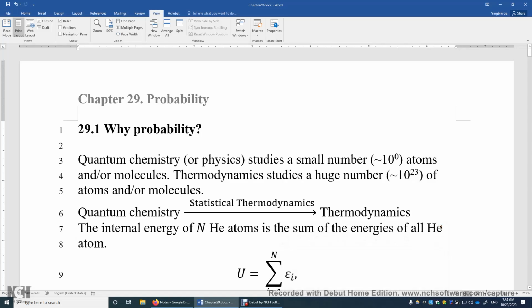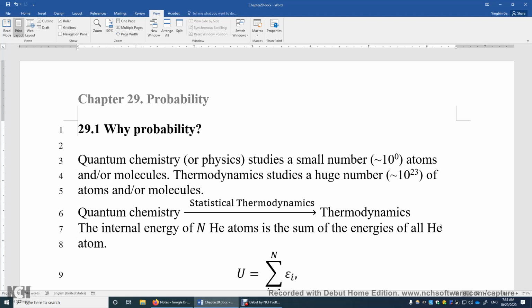This is Physical Chemistry, Part 4, Statistical Thermodynamics, Chapter 29, Probability, Section 29.1, Why Probability? In quantum chemistry, we study a very small number of atoms or molecules. In thermodynamics, we study a huge number of atoms or molecules, usually on the order of 10 to the power of 23.